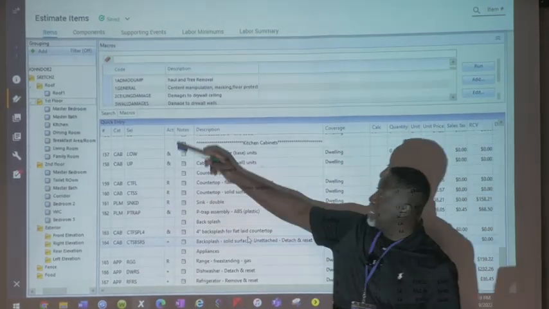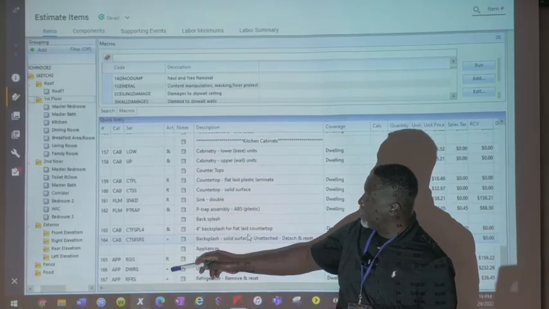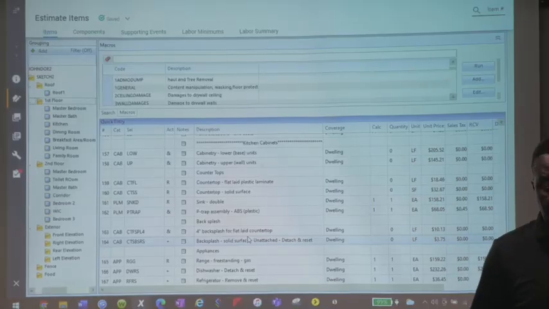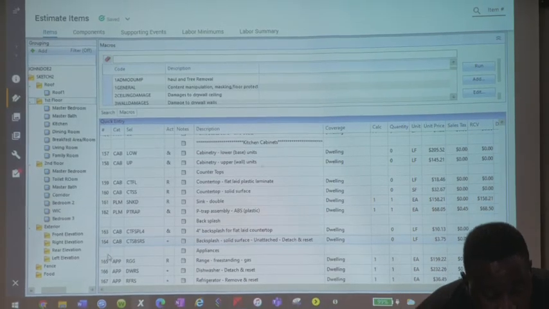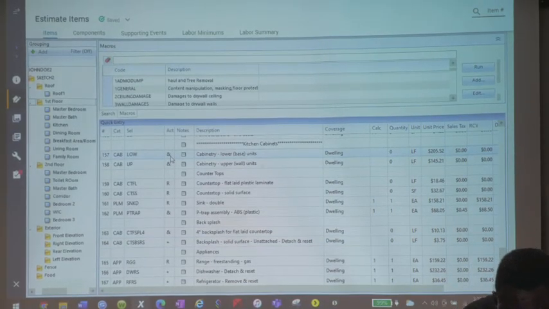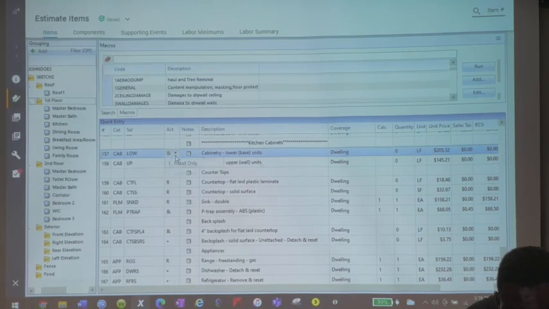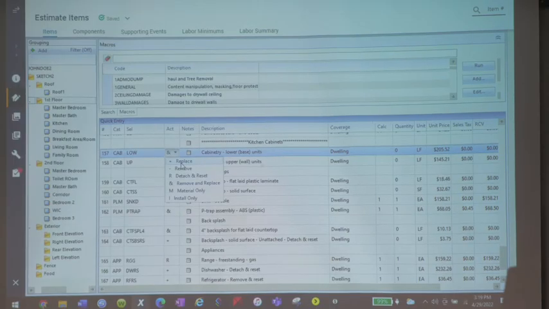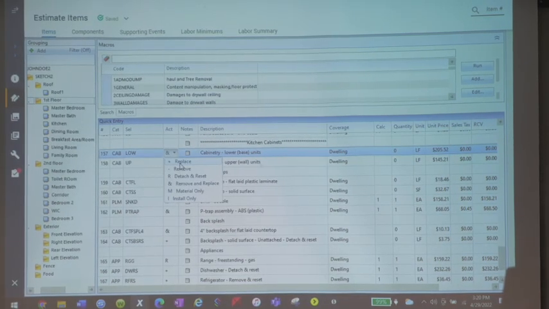These items here are activity lines. Once you select these activities, they do change the cost. So you see this ampersand? If I click on the ampersand, I've got a plus for replace, a minus for remove, an R for detach and reset, an ampersand for remove and replace, M for material only, I for install only.